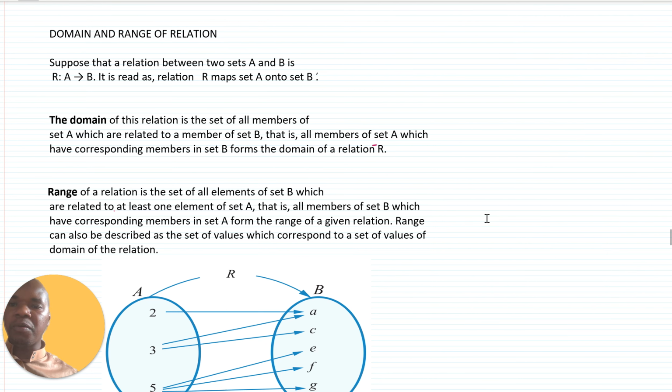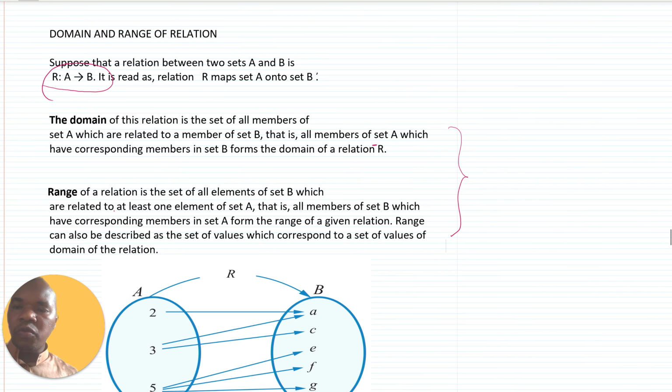First of all, suppose that a relation between two sets A and B is R, such that set A is mapped onto set B. So this is a simple relation, the notion we will be using in this explanation of domain and range.